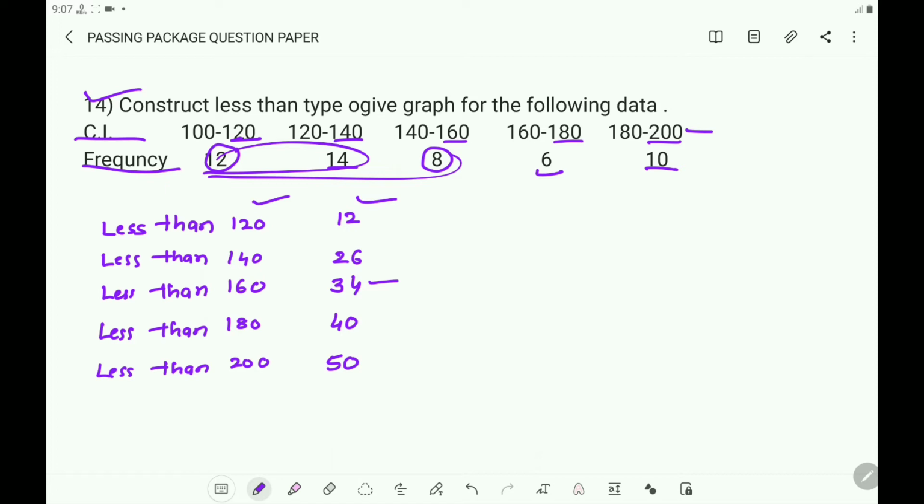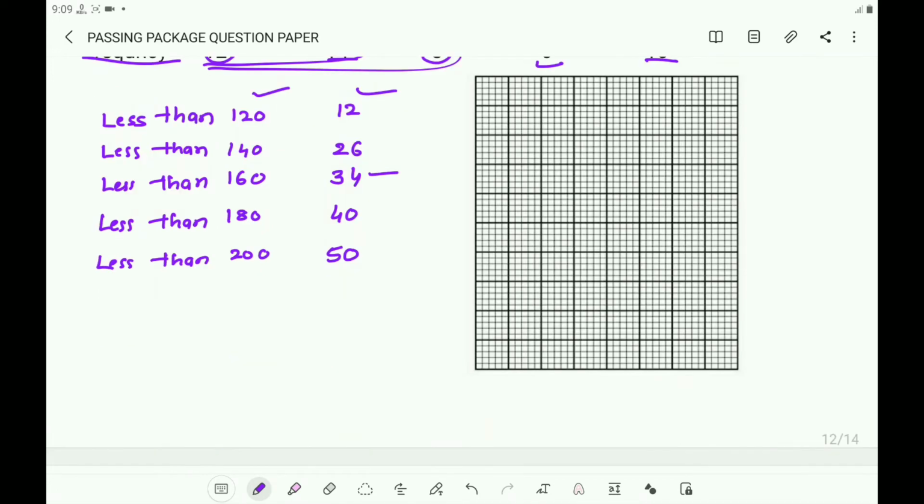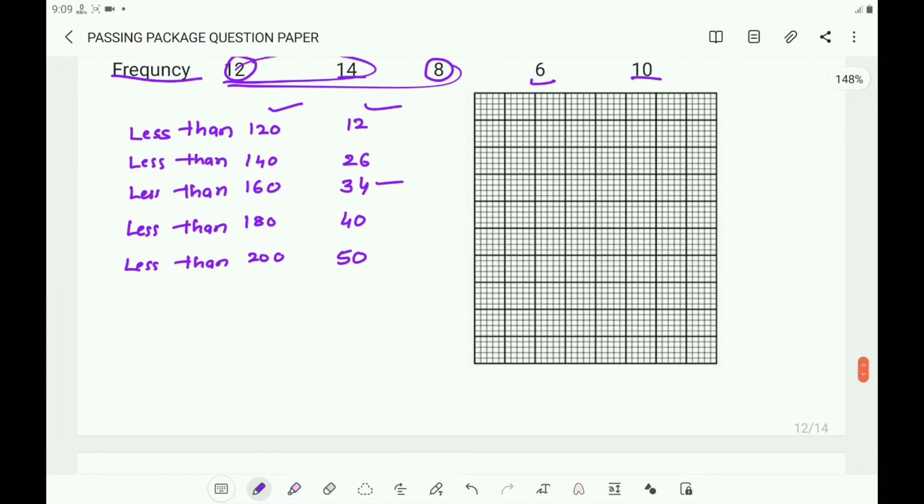Here we have taken the upper limit and the corresponding frequencies. Now let us draw the graph, that is less than type ogive. Now take the graph. Here is the origin. Now you take first 100, then 120, 140, 160, 180, and you take 200.